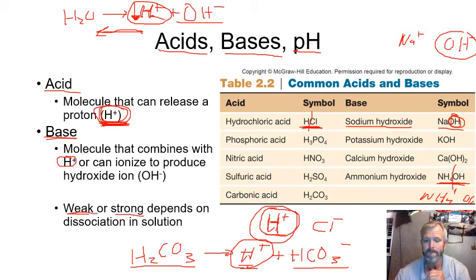So the amount that it donates, in this case sodium hydroxide: if I put the same amount of sodium hydroxide molecules in one solution, and the same amount of ammonium hydroxide molecules in another solution, which one is going to have more free hydroxide ions?